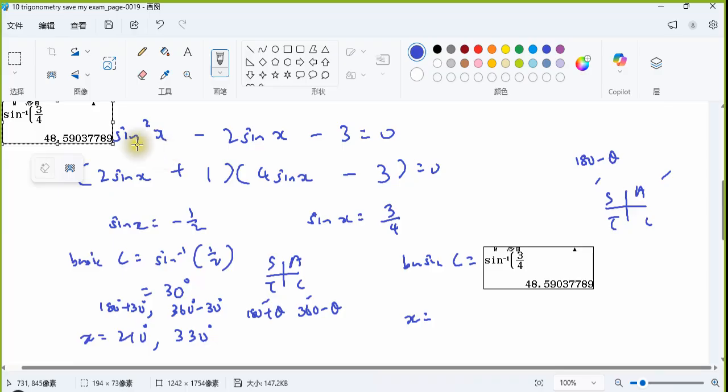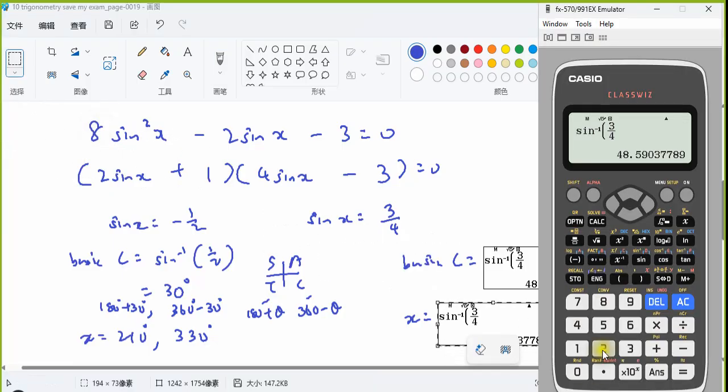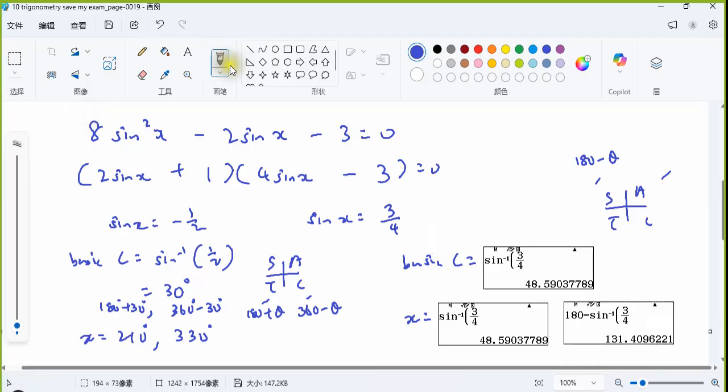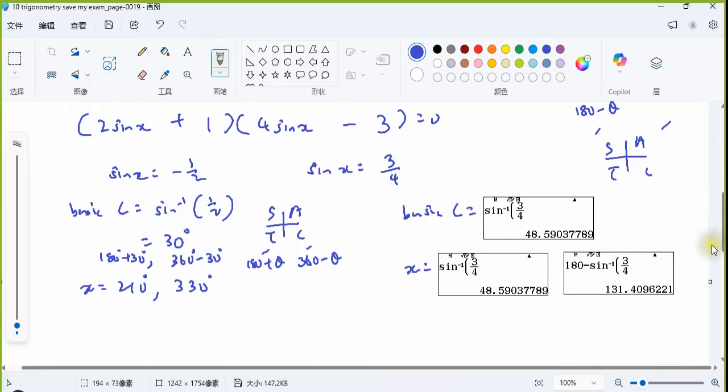So x will be this one and 180 minus. So altogether, x is 48.6 degrees, 131.4 degrees, 210 and 330. So that's all for this very hard question.